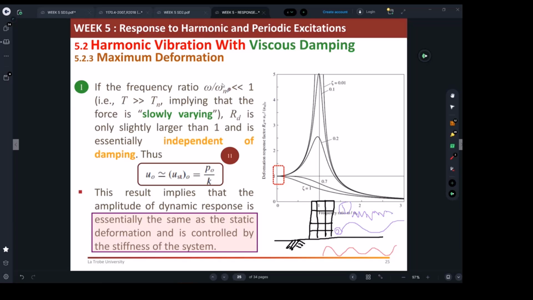Forcing frequency is going to be less, so we're going to be less than 1. So just let me check the answers. Do we all agree?